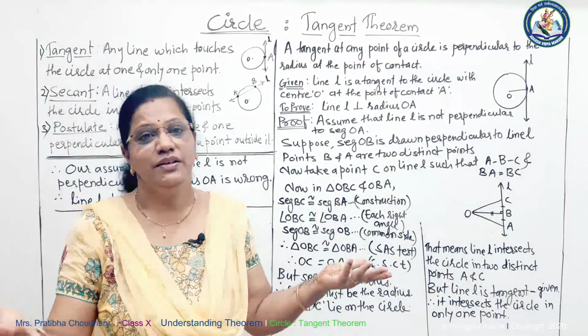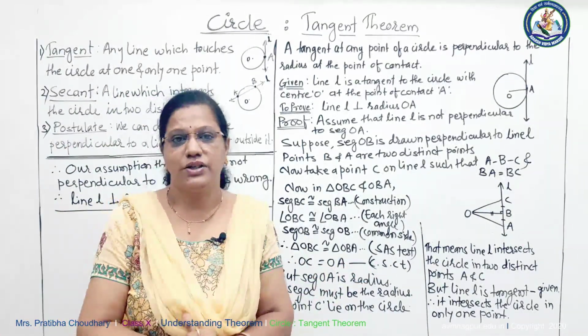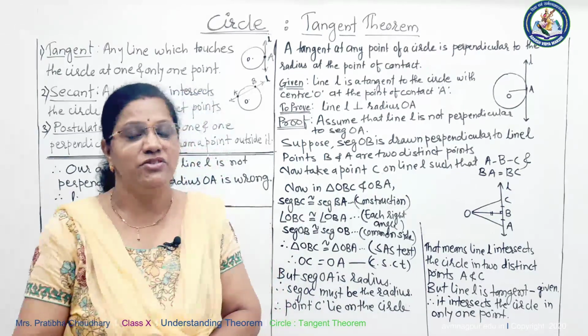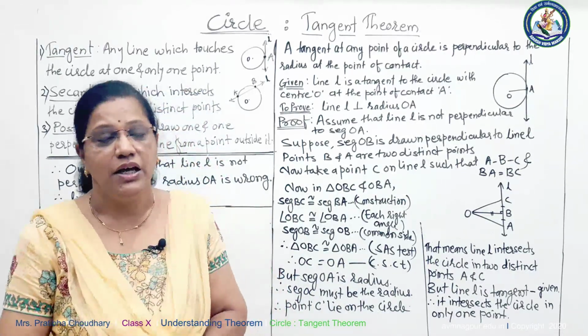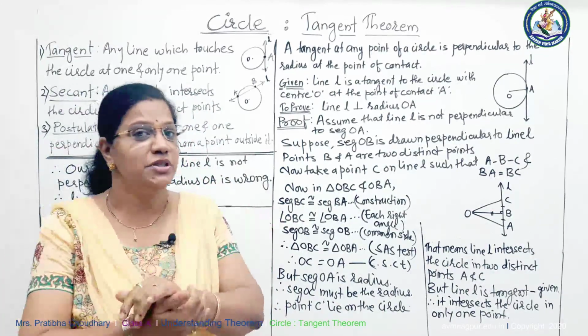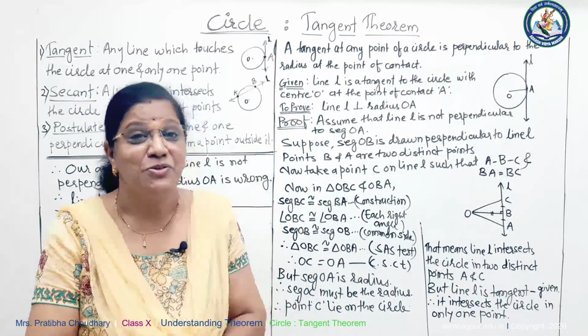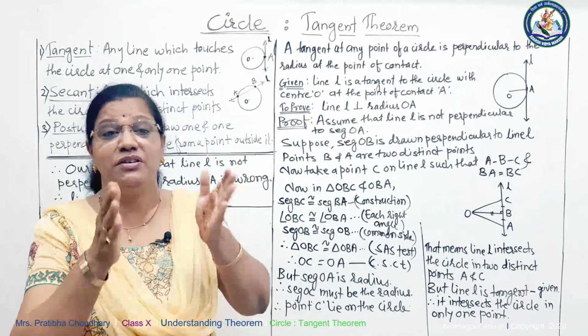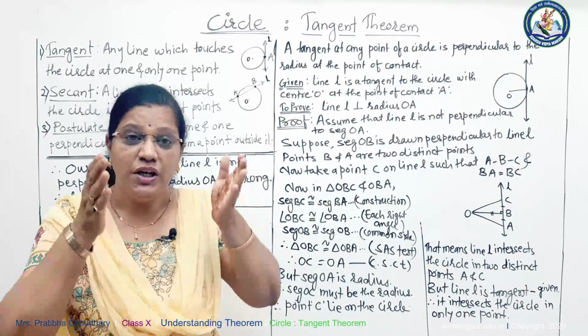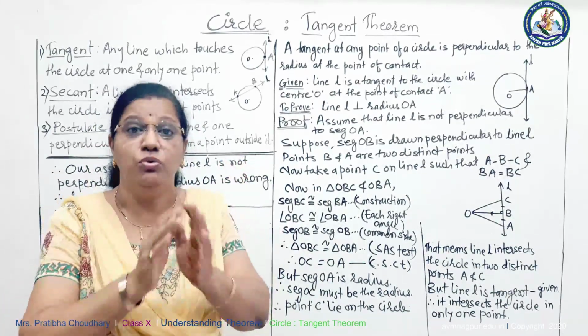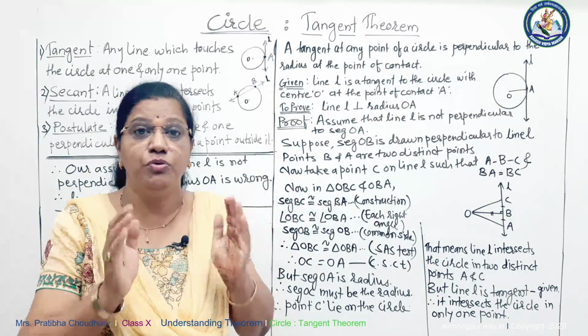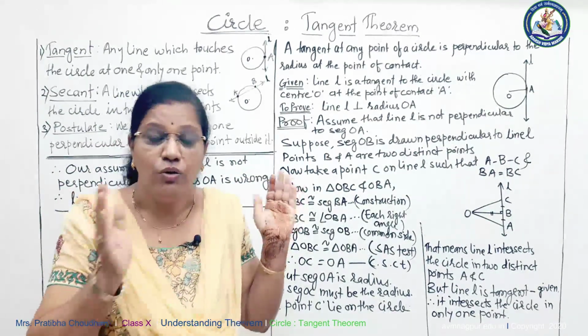Now the next thing is not related to the circle actually, but you have learned some axioms and postulates in 9th standard, and it depends on that. What are axioms and postulates? Axioms and postulates are geometrical statements which we assume to be true. We don't need to prove them.